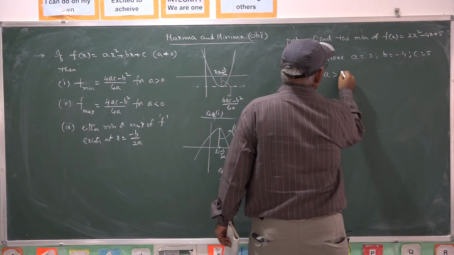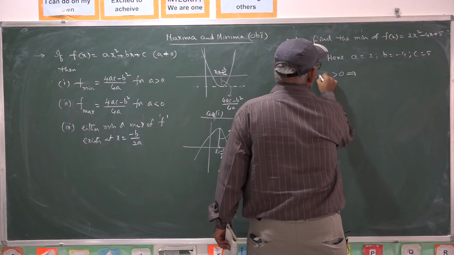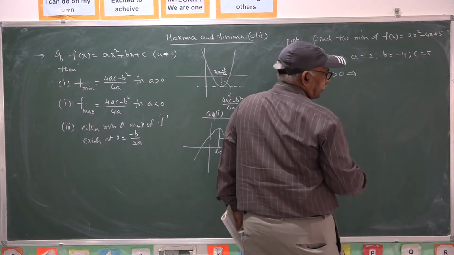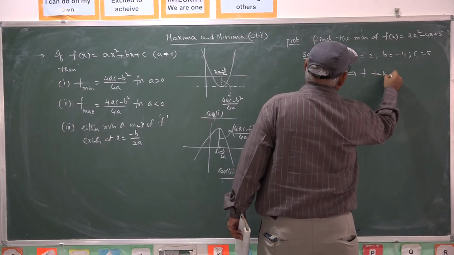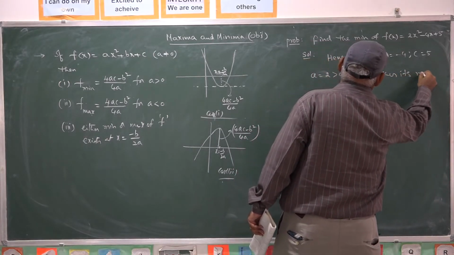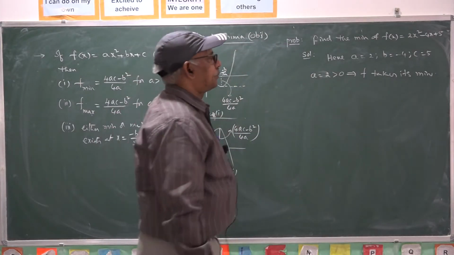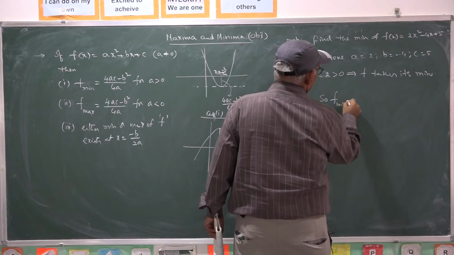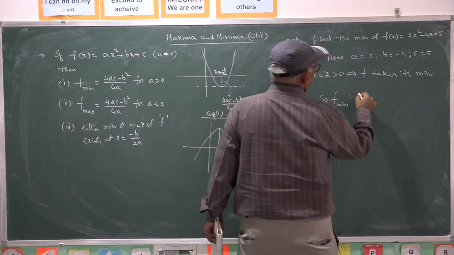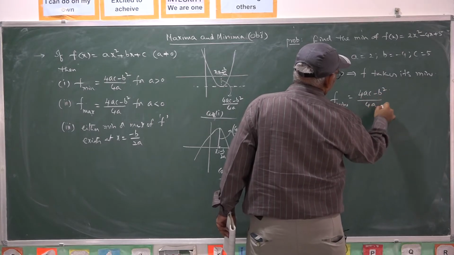A equal to 2 is greater than 0, implies f takes its minimum only. So, f minimum value is obtained by 4ac minus b square by 4a itself. This is our formula.